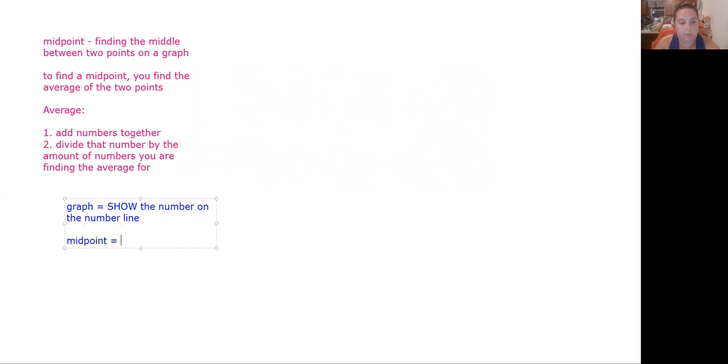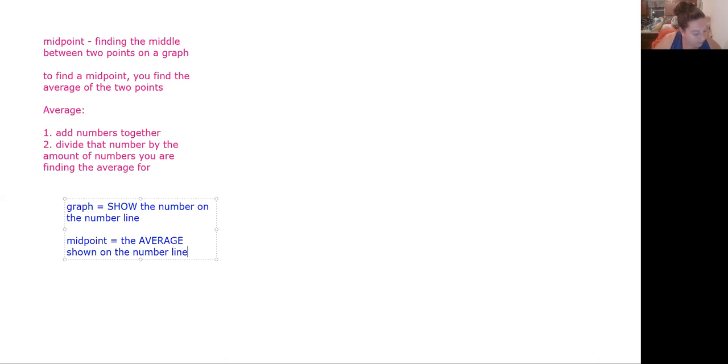Midpoint equals the average shown on the number line.